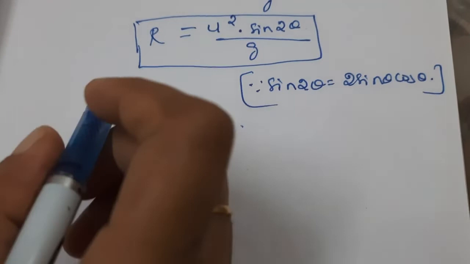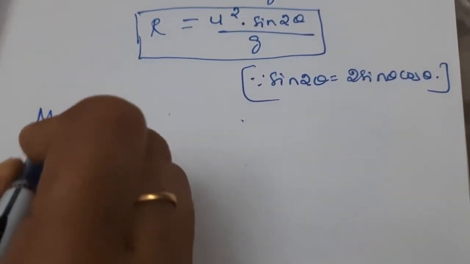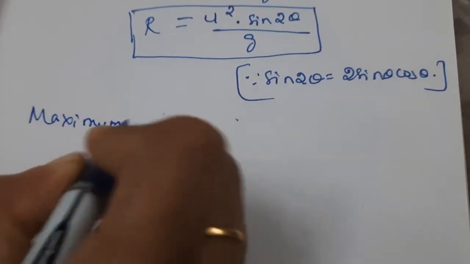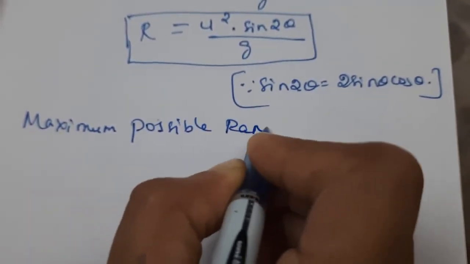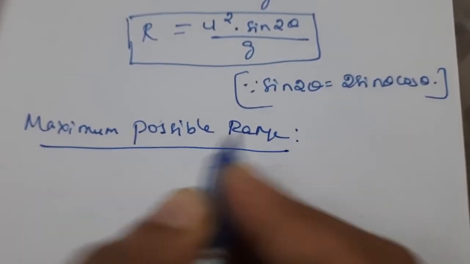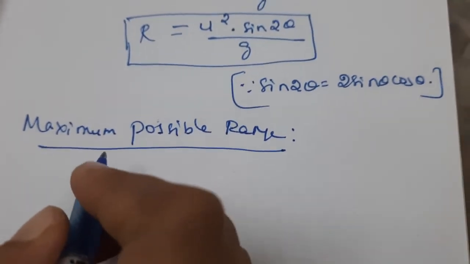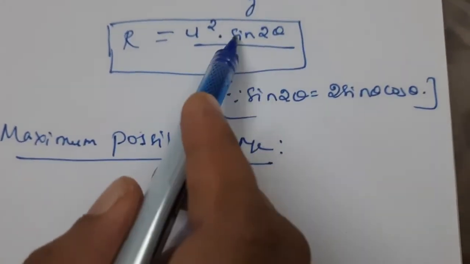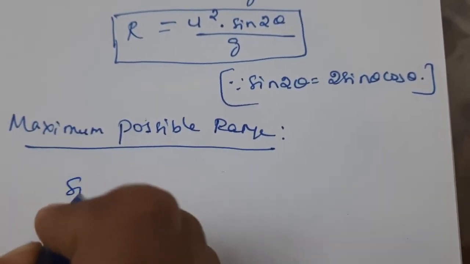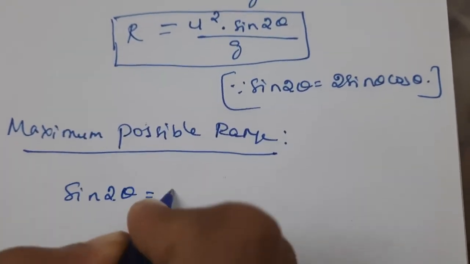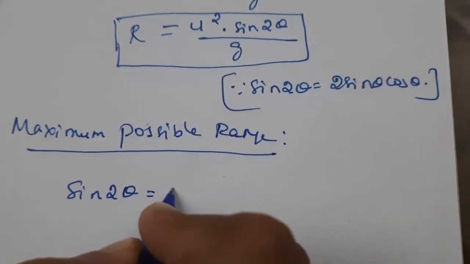Now, the maximum possible range. How can we calculate it? The maximum possible range is reached when sin 2 theta is maximum.